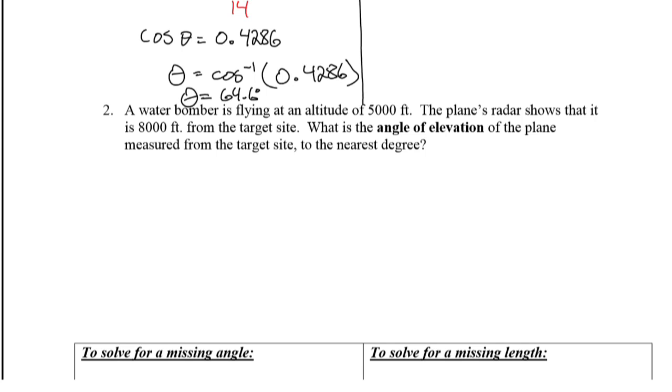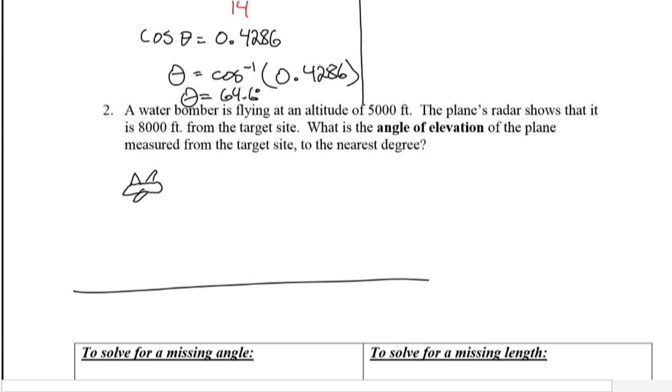So let's draw a picture. Here is my plane. It's a great looking plane, flying at an altitude of 5,000 feet. So from here to the ground is 5,000 feet.